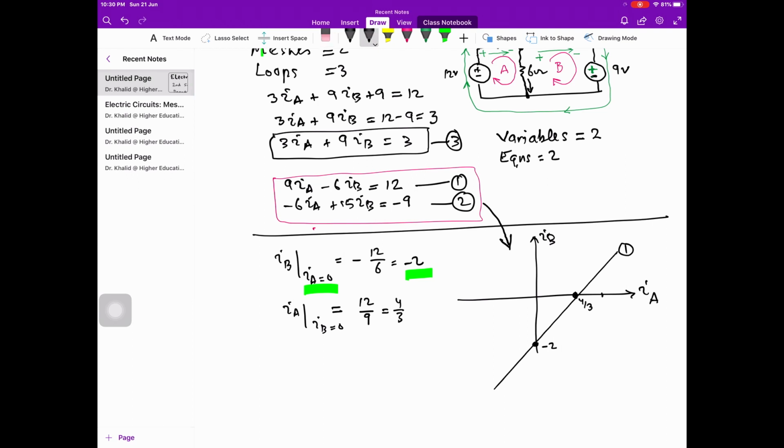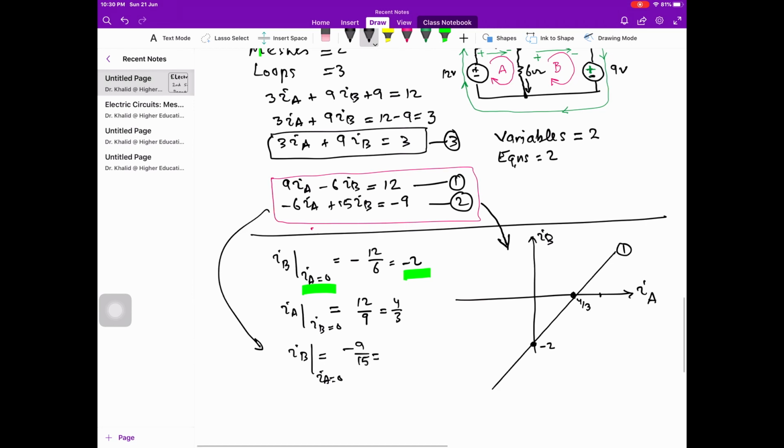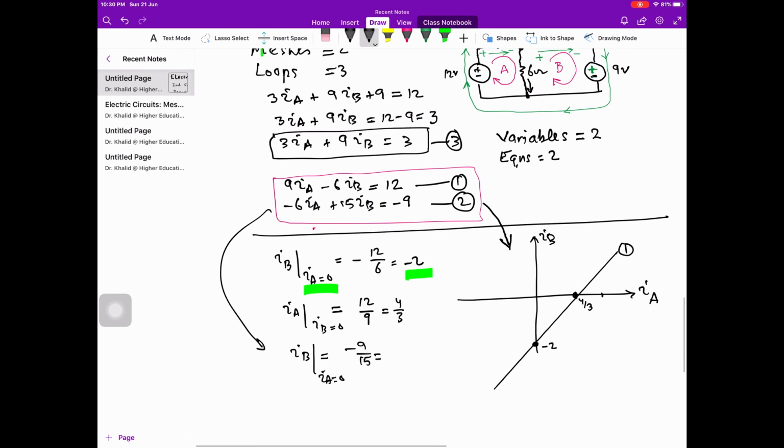In equation 2, what is IB when IA is equal to 0? When IA is equal to 0, IB is minus 9 over 15, which is equal to minus 3 over 5.